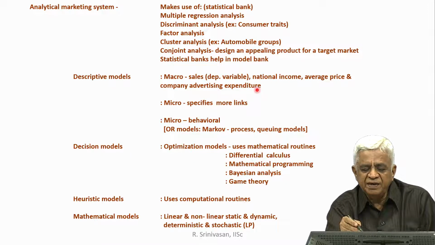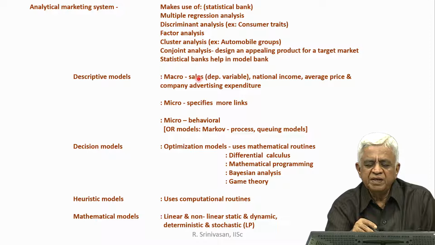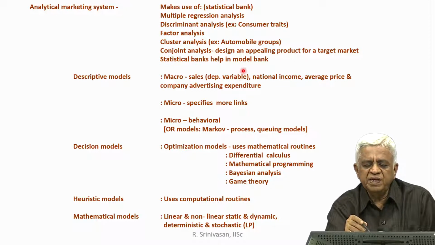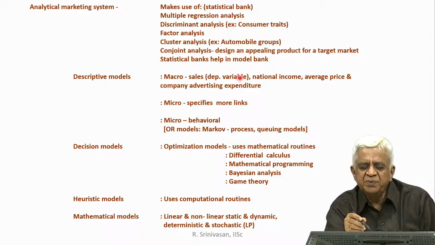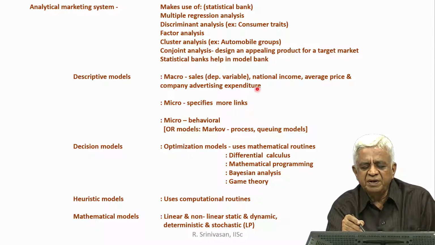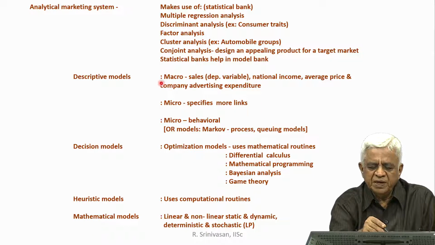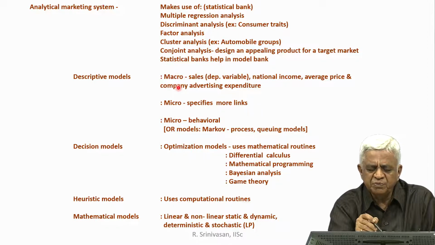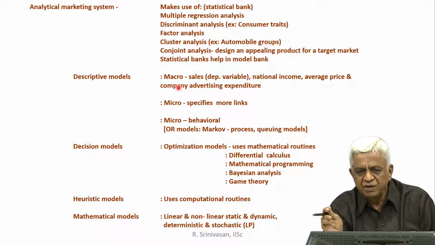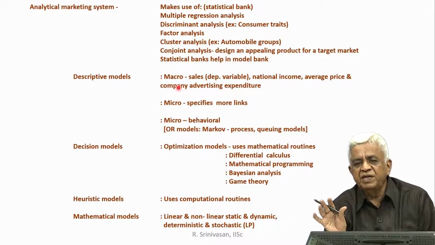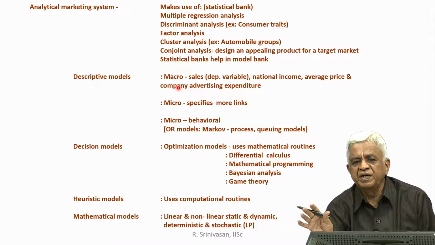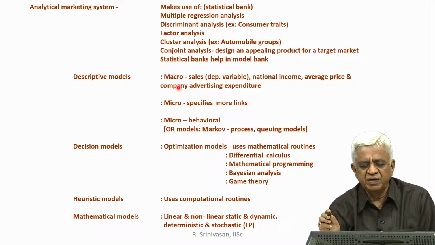These are the links which explain the variations in the dependent variable. Again, you still may resort to a multiple regression analysis. So, when you are looking at a macro picture, you specify a minimum number of links, you do not specify too many links. You specify those links which are very important for consideration.